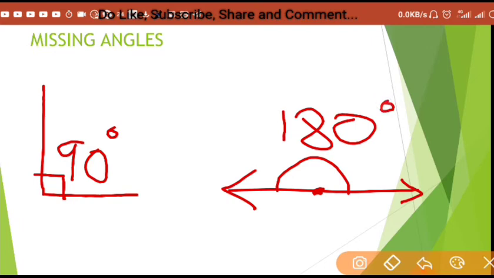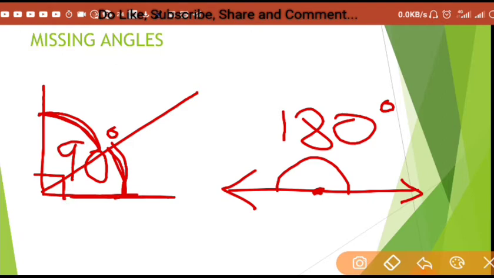180 degrees. But if we divide this like this, we are going to make two parts. This is the first part and this is the second part. Now if this angle is 40 degrees, what will be the other angle?